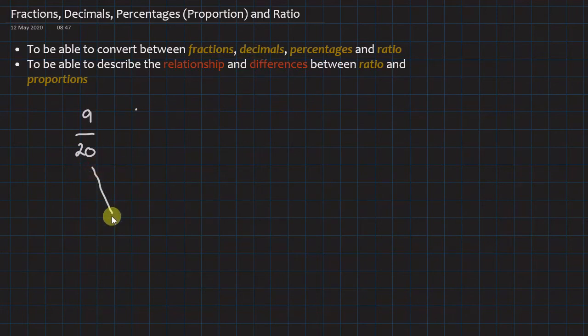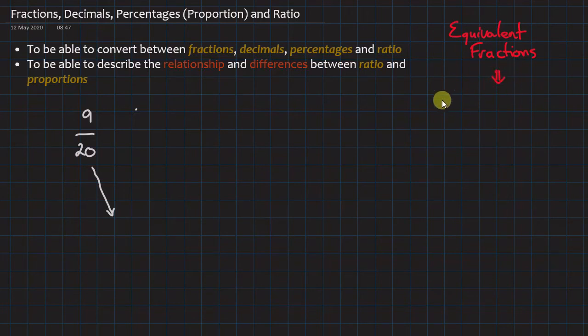Now, what we start off with is equivalent fractions. I love equivalent fractions. It's one of those ideas that you really need to be comfortable with. Once you can deal with equivalent fractions, you can also deal with the proportions we were dealing with last week.